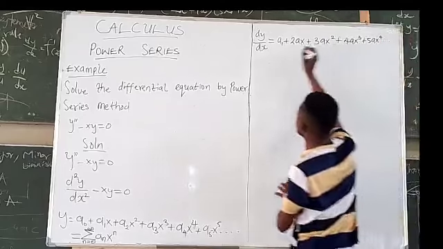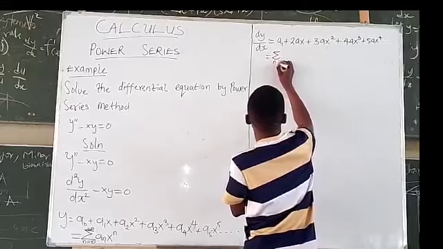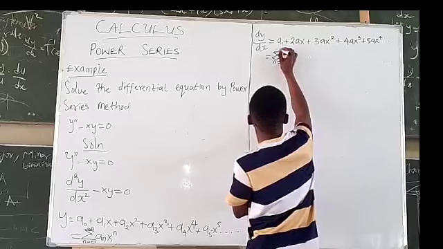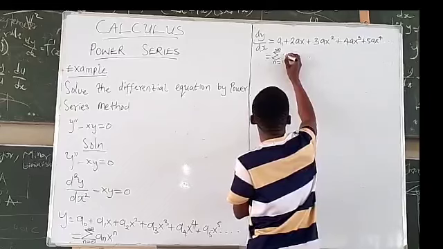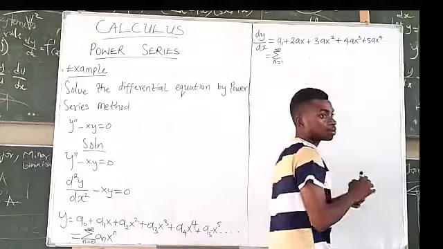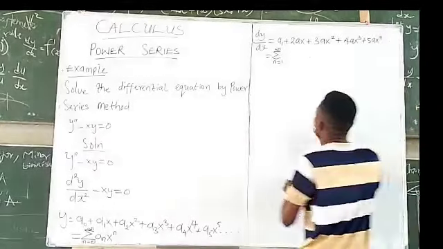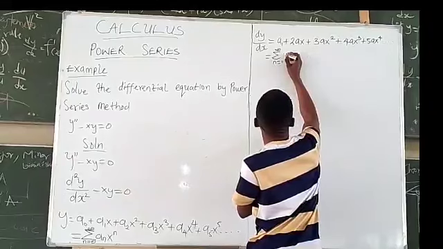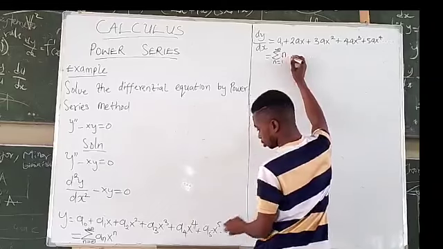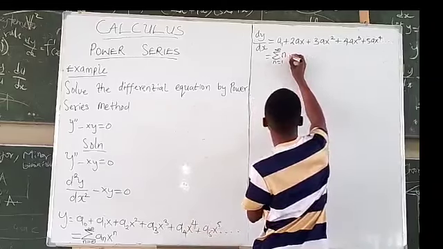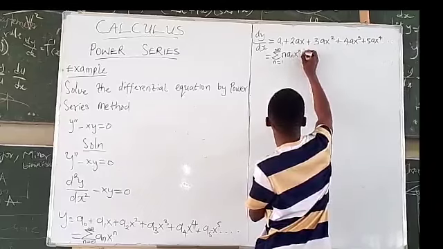It continues, and this becomes the summation from n = 1 to infinity, where that n means that we are differentiating the x, so it becomes n a_n x^(n-1).